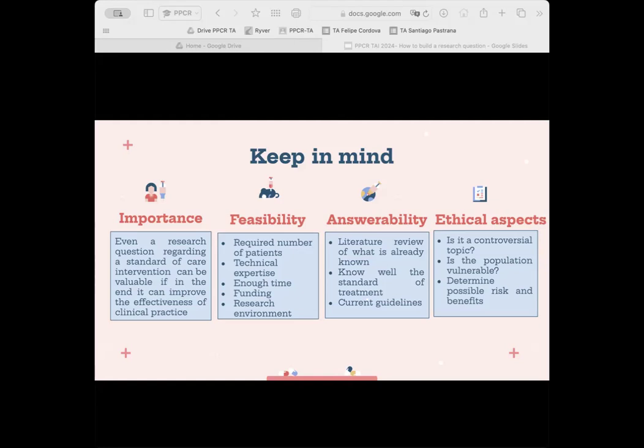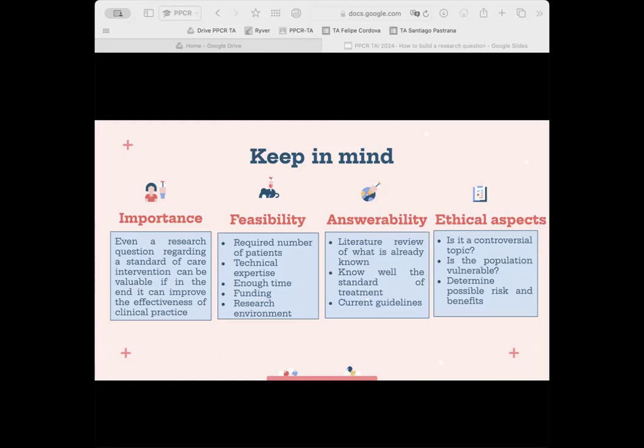Regarding answerability, you will have to keep in mind the literature review that I already mentioned, what is known, what is not known. You will know exactly what are the current guidelines of the pathology you want to study, and know well the standard of treatment. What is the current treatment that is established for the pathology.